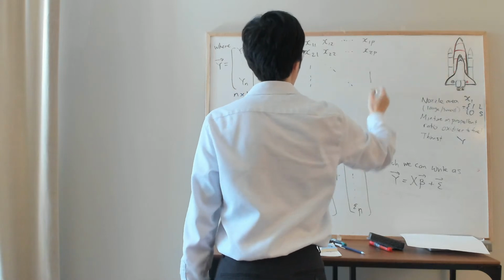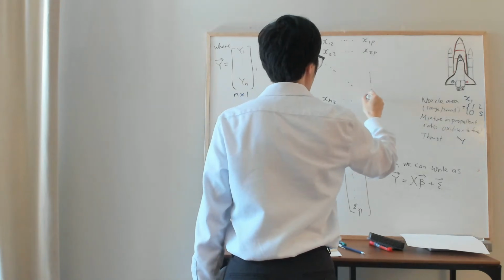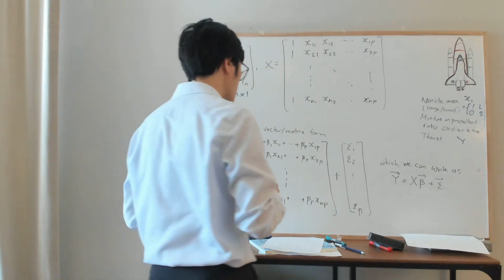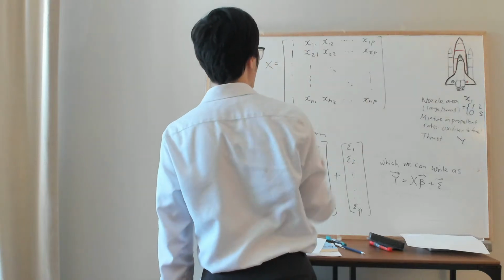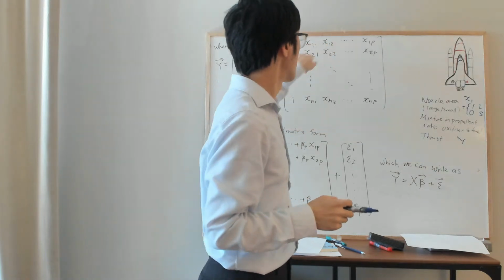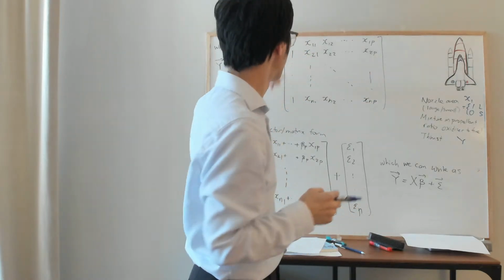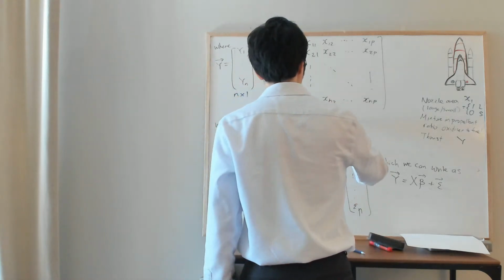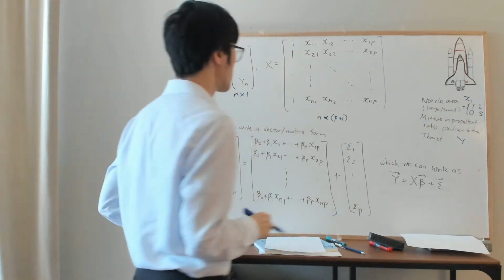Then we fill in the rest, xn1, xn2, up to xnp. This whole thing has n rows, one for each observation, and p plus 1 columns: one column for each of the p explanatory variables, plus a column of ones. So this is an n by p plus 1 matrix.